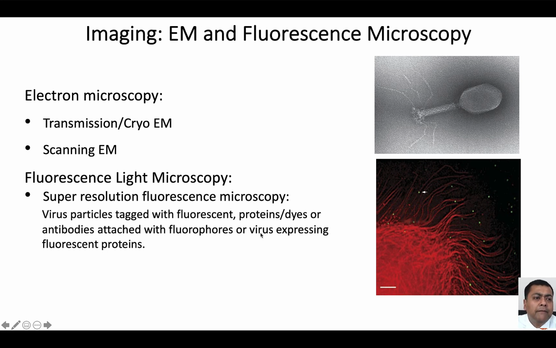Also, there is another very powerful technique, where the viral particles are tagged with fluorescent proteins or dyes, or antibodies attached to fluorophores, or the virus expresses fluorescent proteins. All of these can be exploited to see the viruses under the fluorescence microscope. And some of these fluorescence microscopes are super resolution microscopes, which are a modification of these microscopes.